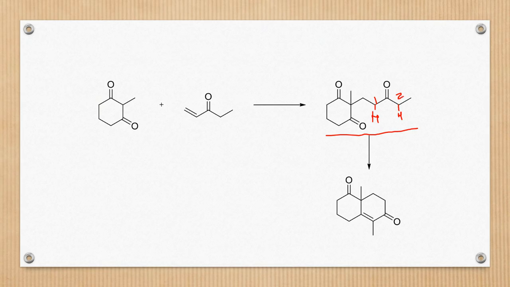So the base has to abstract an acidic proton again. Which will be more acidic, 1 or 2? 2. Why 2? Because if the carbanion is generated at position 2, it is stabilized, and if it is generated at position 1, then also it will get stabilization.